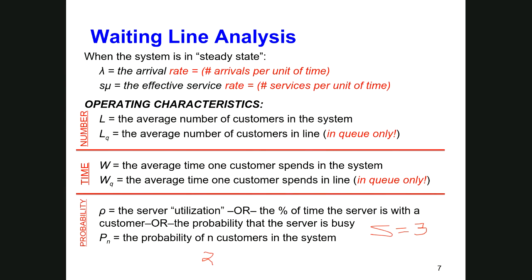Well, that would mean that we would need to calculate P sub 5, because if 2 are waiting, there are also 3 that are serving. P5 represents the probability that there are 5 in the system, which is the same as saying there are three servers and 2 in line.